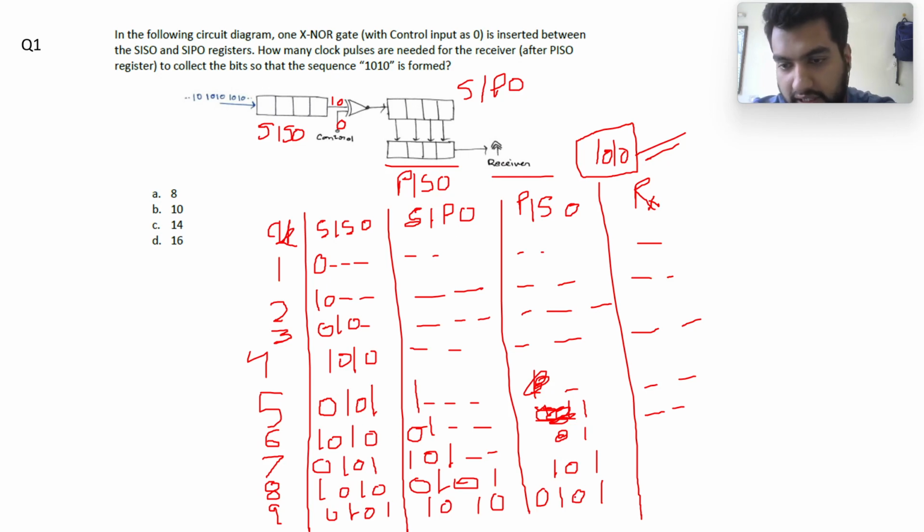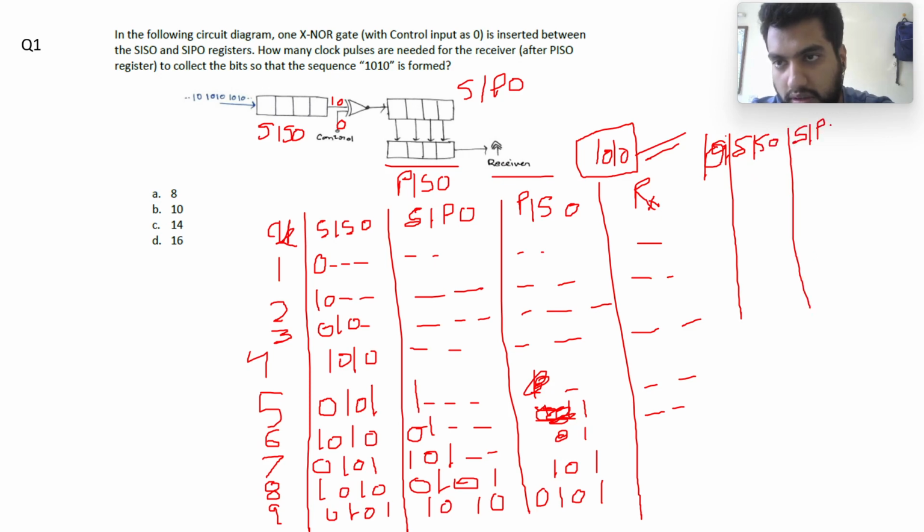Now serially, from the next clock cycle, that is from the 10th clock cycle, it will start giving this output. So I'll write clock cycle 10th here. This is CISO, this is CIPO, this is PISO, and this is my receiver.